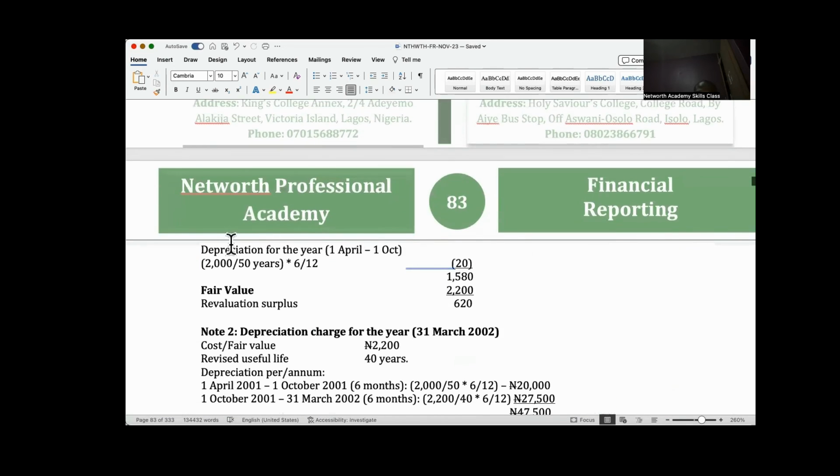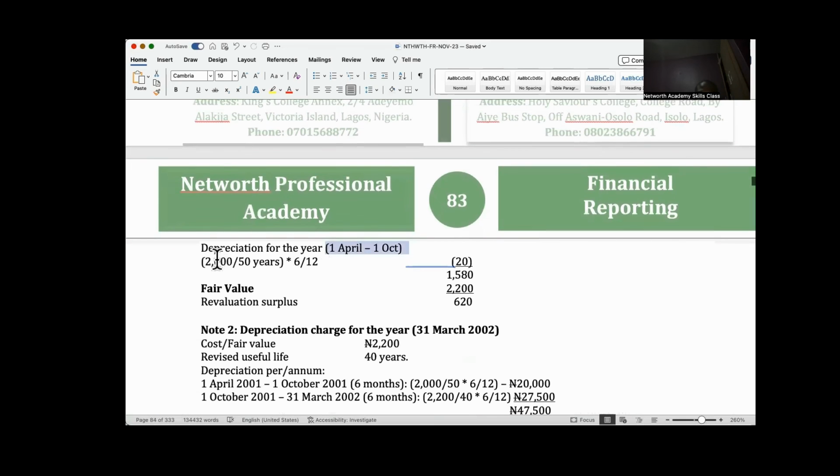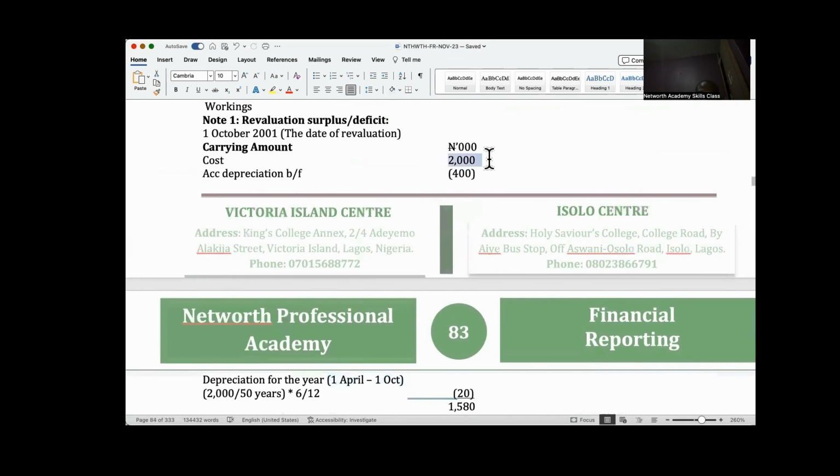So for me to do that, my depreciation for this period is going to be my cost, which is 2 million, divided by the useful life of the asset, which is 50 years. That gives me the depreciation per annum. Since this is a 6-month period, I'll just prorate that by 6/12, and that gives me 20.